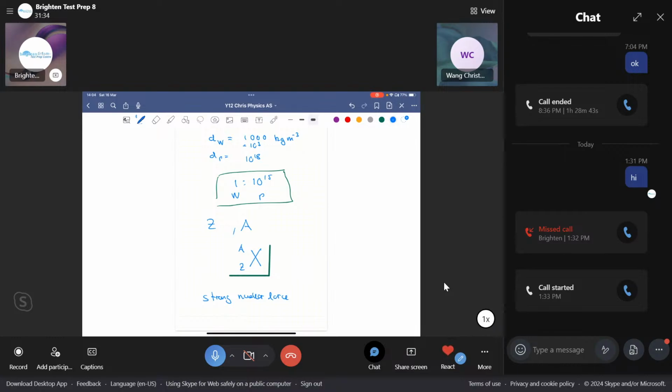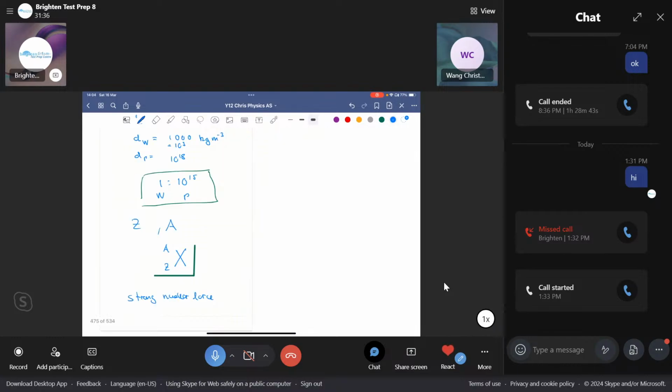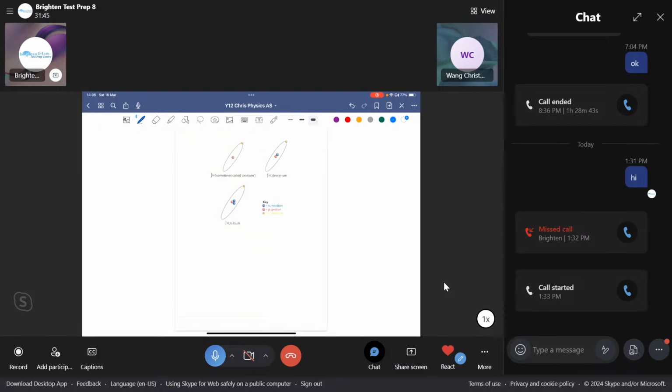Okay. Then what we have not covered yet, this is something very important: what do you see here in these three graphs or graphics? What is that all about?